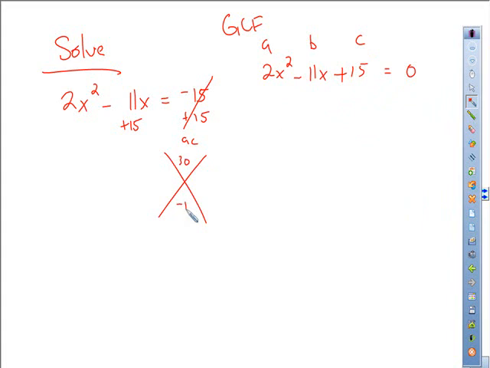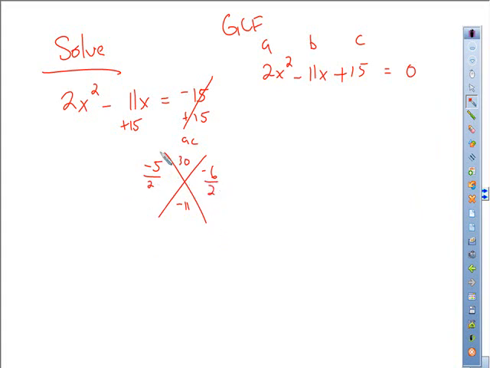B is negative 11. So what multiplies to give us 30 and combines to give us negative 11? Well, it looks like negative 5 times negative 6. That gives us positive 30 if we multiply, and if we add them up, it gives us negative 11. Now what's our a value? Our a value is 2, so we have to remember to divide both these numbers by 2.